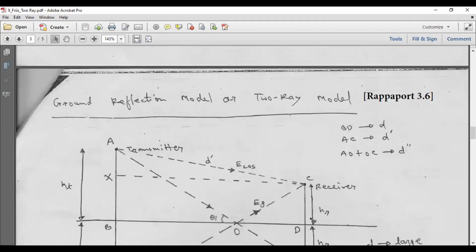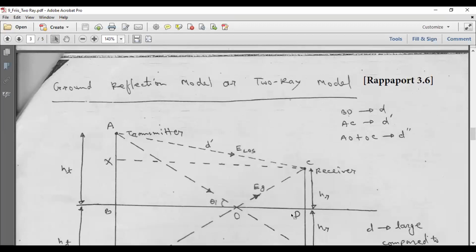But in addition to that, we'll consider a ground below that, which can reflect. Ground works as a good reflector, which can also reflect the energy. So from A, energy will be incident on the ground, and the reflected energy will go to the receiver. So the power you receive there will be a combination of these two. You have to sum up these two power components to get the total power.